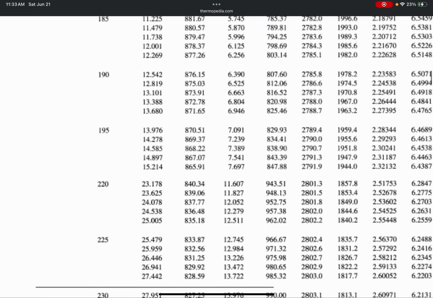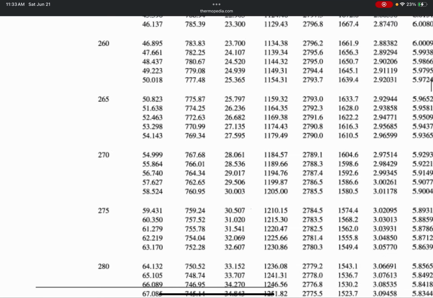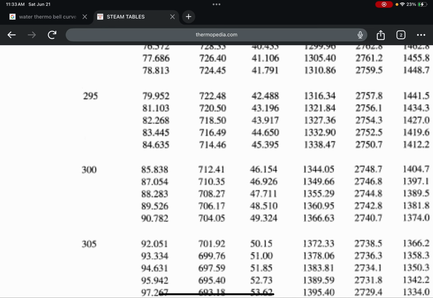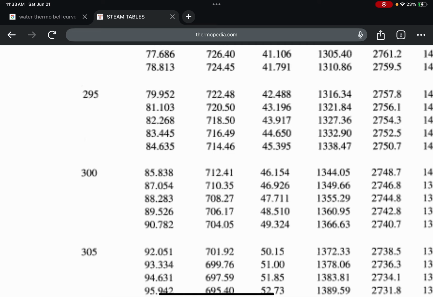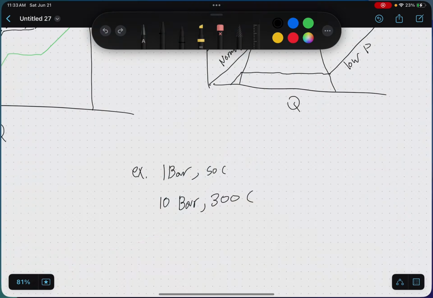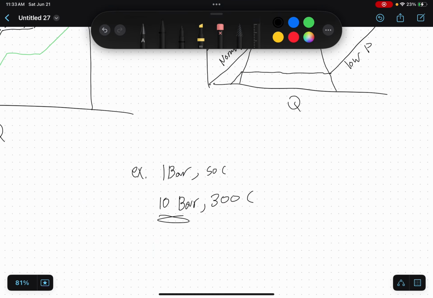Temperature is the first column. 300 Celsius, and pressure is the second column. If we're boiling at 300 Celsius, that means that our pressure has to be 85.8 bar. We were only at 10 bar.